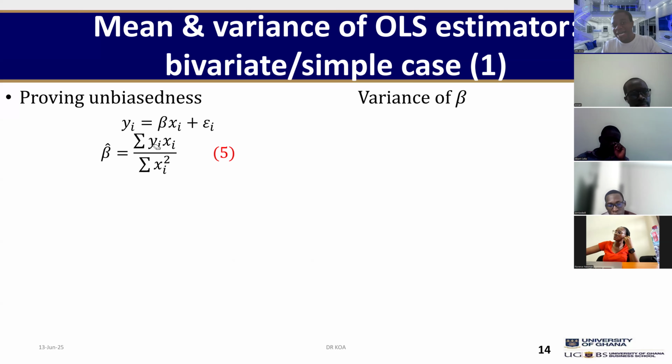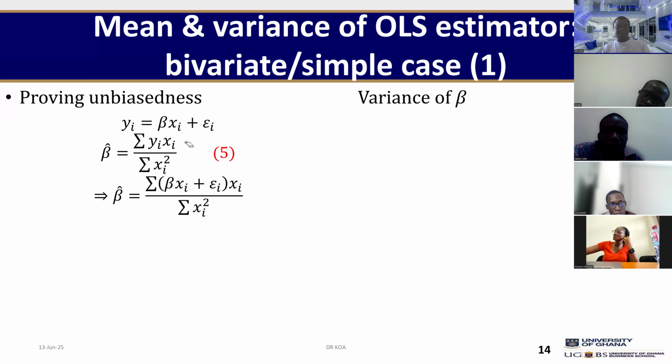Now you can see that at this stage, I've stopped using C and I'm using Y for the dependent variable, and X for the independent variable. We can substitute the Y, which is beta Xi plus the error. Remember, I've included the error. I just substituted it into this.